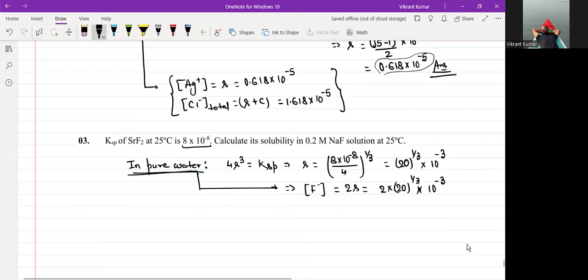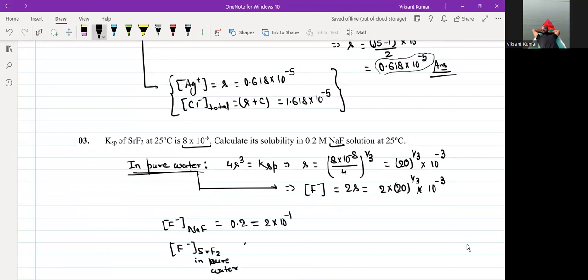Now the given soluble salt is NaF, so we are writing f minus from NaF is equal to 0.2, which is 2 into 10 raised to -1. So definitely we can say na, f minus from SRF2 in pure water, वो देखो ना, साफ साफ दिख रहा है, लेस देन 1/10 से तो दिख ही रहा है ना.